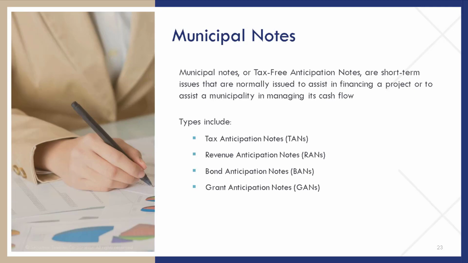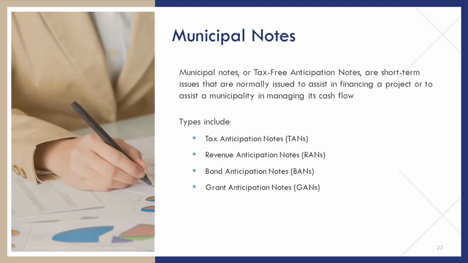Then we have municipal notes. Municipal notes are shorter-term municipals, generally a year or less, although you do see longer-term notes than that occasionally. The types of notes you might see on your exam are tax anticipation notes, revenue anticipation notes, bond anticipation notes, and grant anticipation notes.